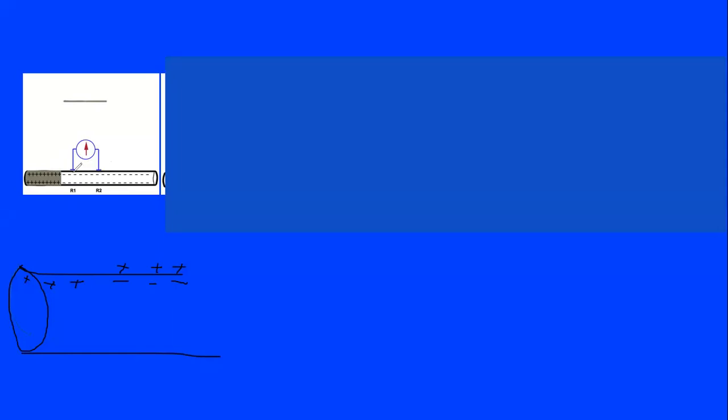The inside is negative and the inside is negative here. Outside is positive, outside is positive. So what is the difference between this electrode and that electrode? And the difference is 0.